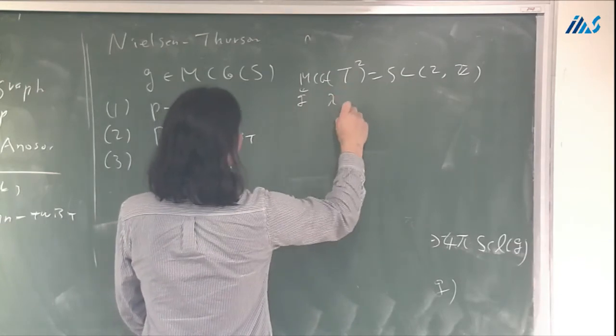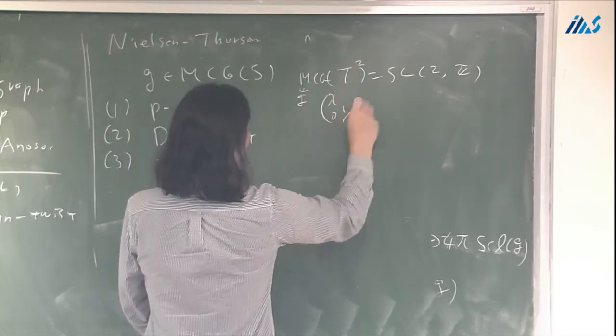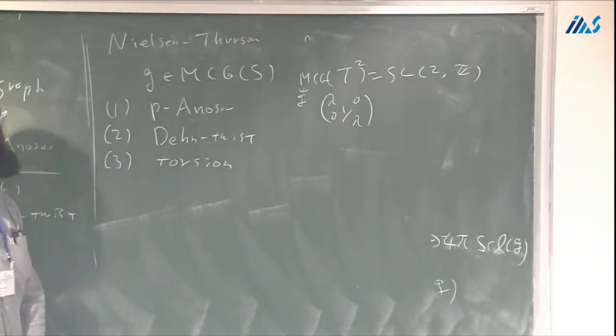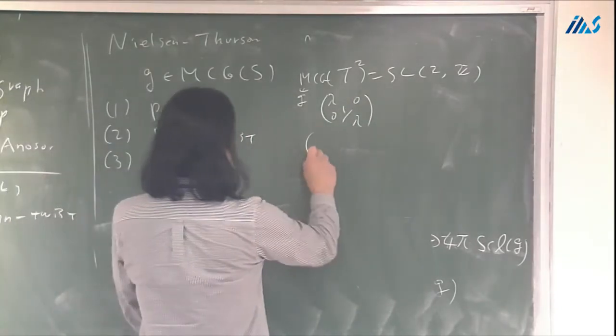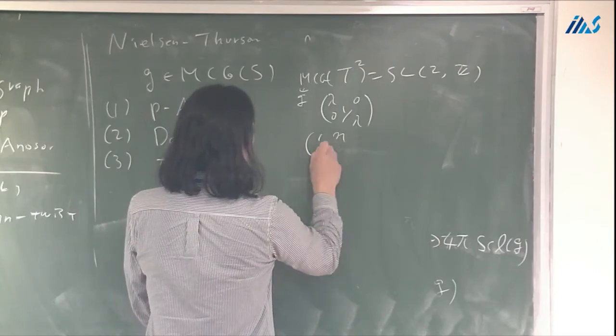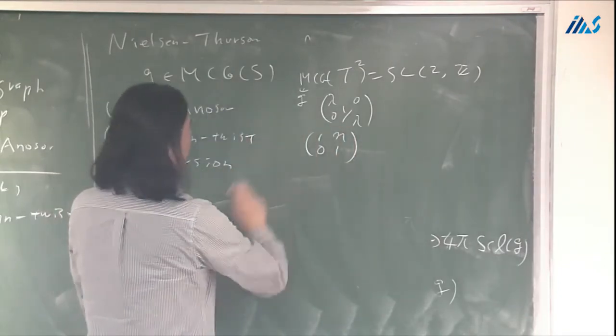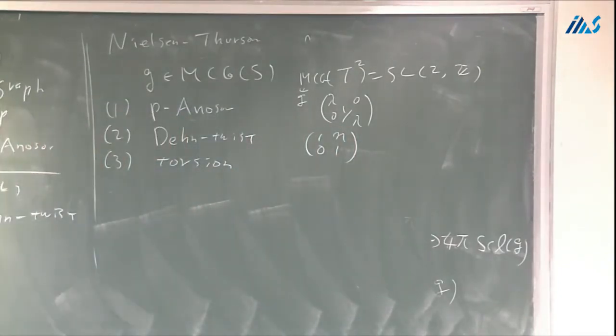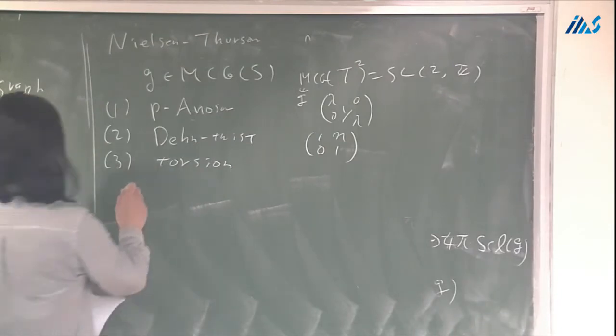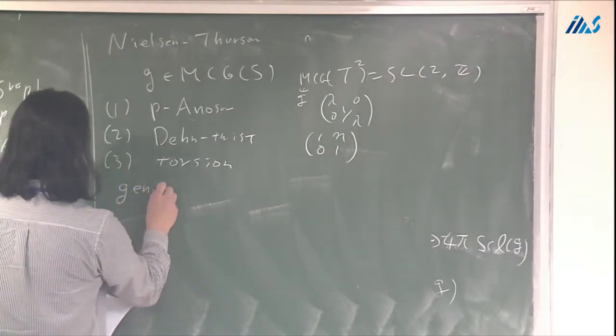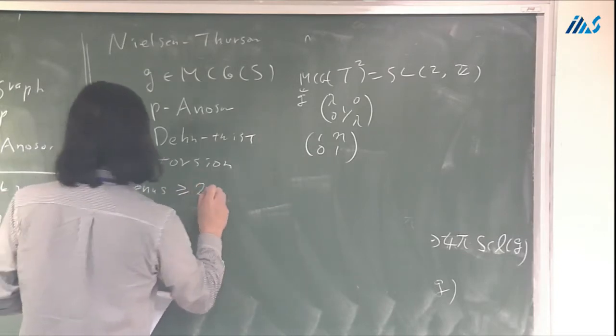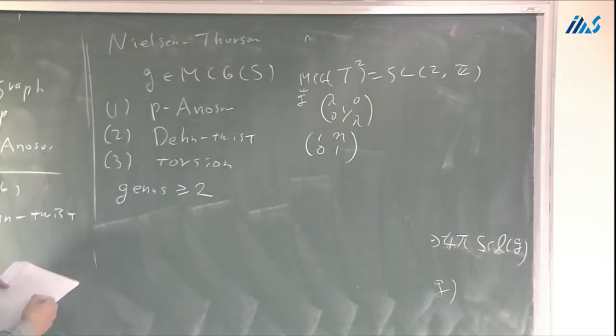If you can diagonalize in SL(2,R), then that's Anosov, the Dehn twist is like a power of this matrix, and the torsion is torsion. So that's the whole classification. If the genus is bigger than 1, then it's a little bit more complicated.